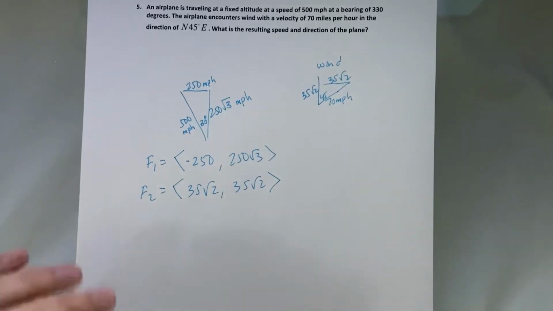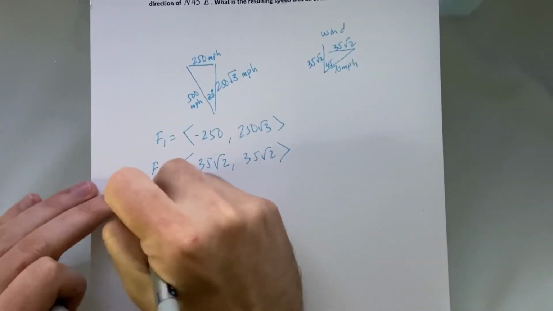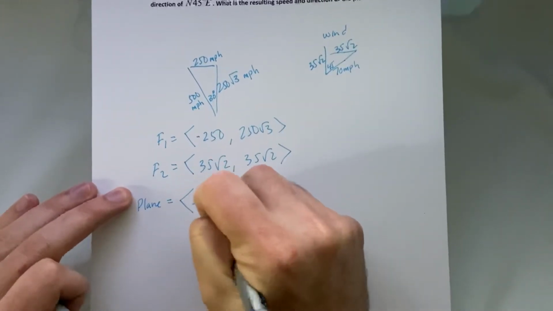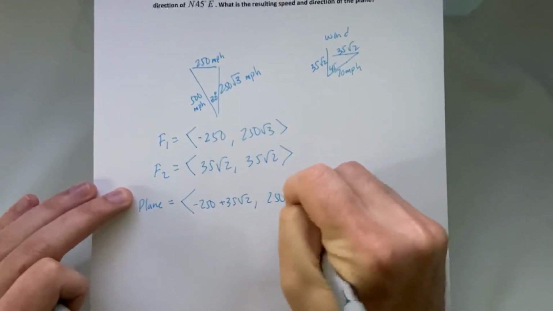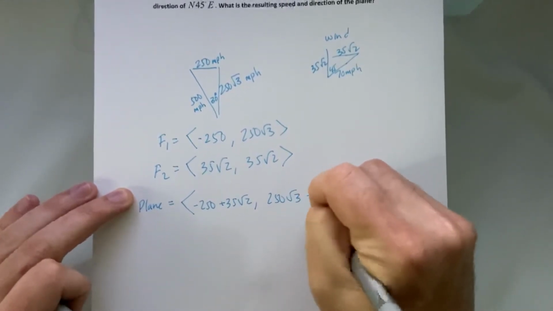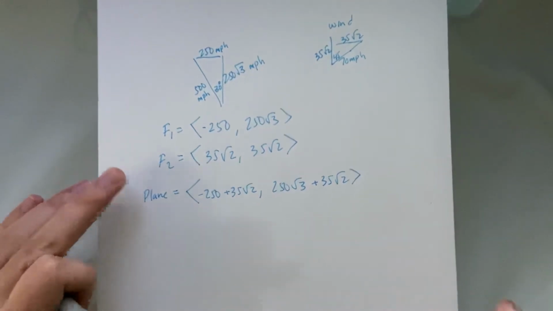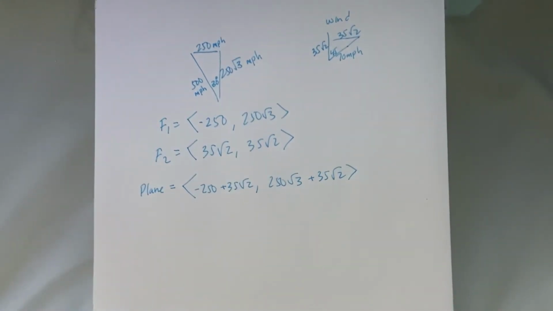And so my resulting force, plane, is (negative 250 plus 35 root 2, 250 root 3 plus 35 root 2). Now, this tells me kind of the direction.